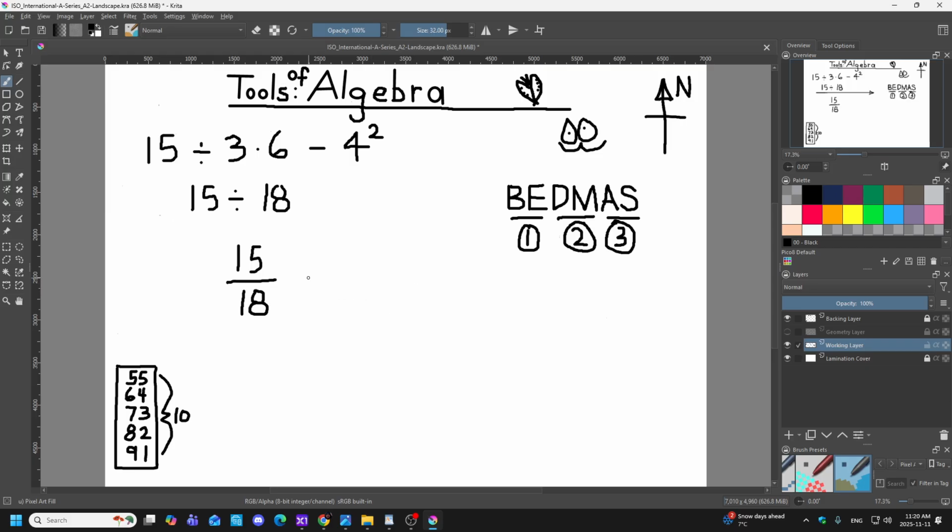This is a small problem, so we should be okay solving this. But as you can see, we're going to have a different answer, right? So things to be aware of. That's why they recommend you solve these problems left to right.